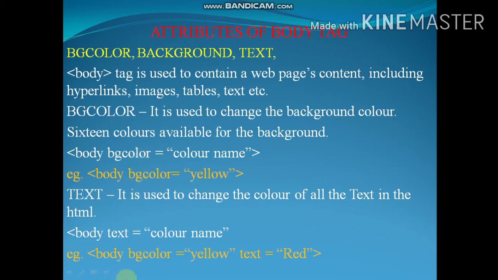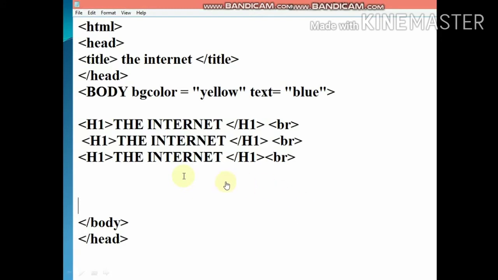How to use it? Body BG color equal to yellow. Then give a space. Then text equal to red. Now let's see an example using these attributes.